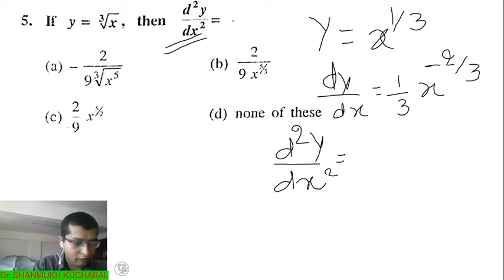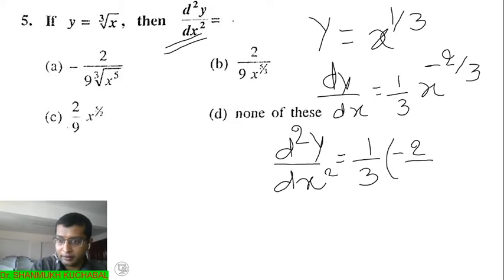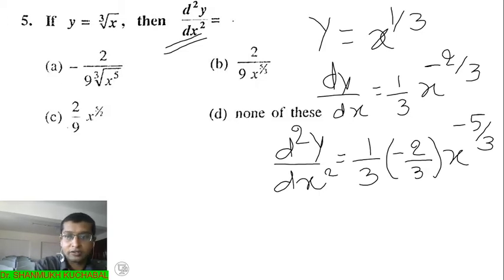Then 1 by 3 as it is, x raised to n is n x raised to n minus 1, minus 2 by 3 minus 1, so we get minus 5 by 3. So plus into minus, minus 2 divided by 9. Further we simplify 2 divided by 9.